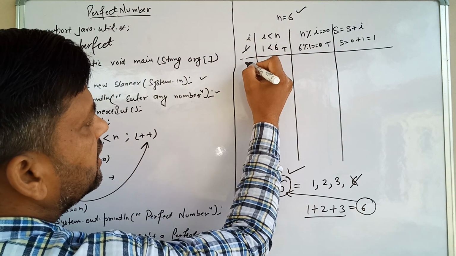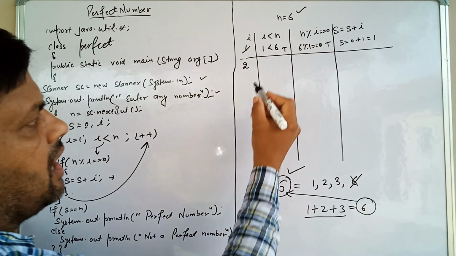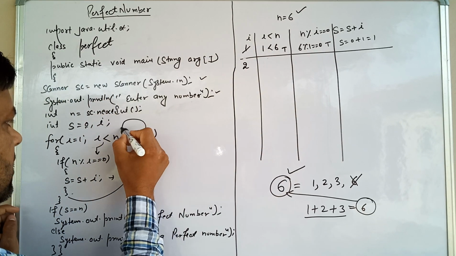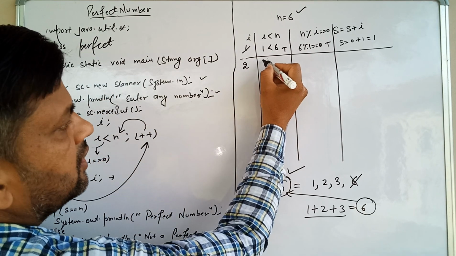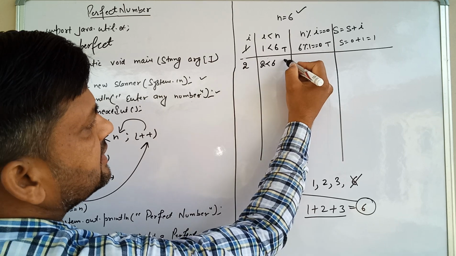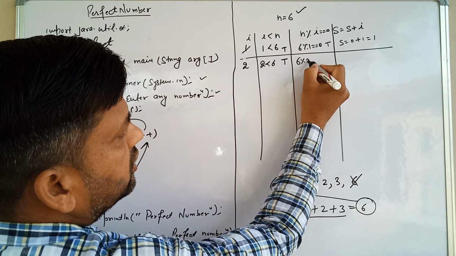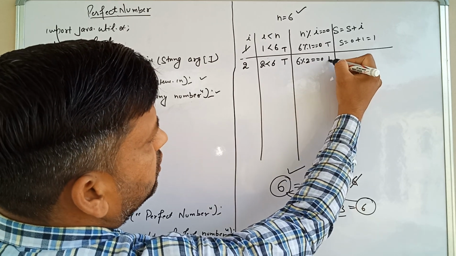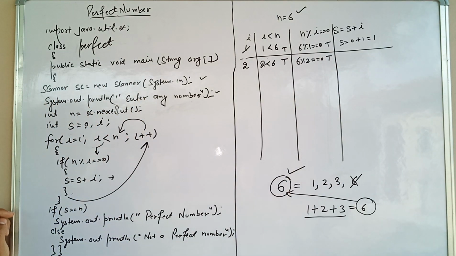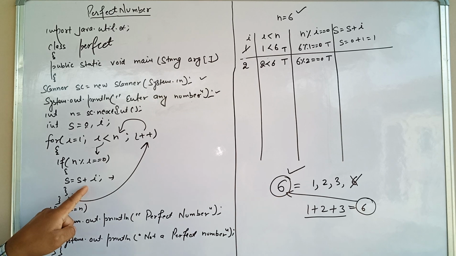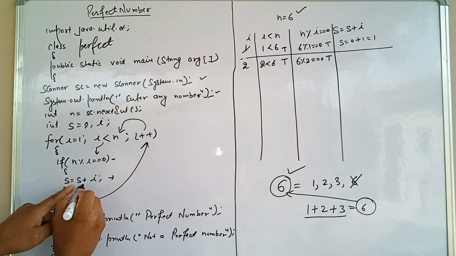Now i will be 2. Again the condition will be checked: 2 less than 6, condition true. Now 6 mod 2 equal to 0, again true. So if this condition is true, this part will execute.